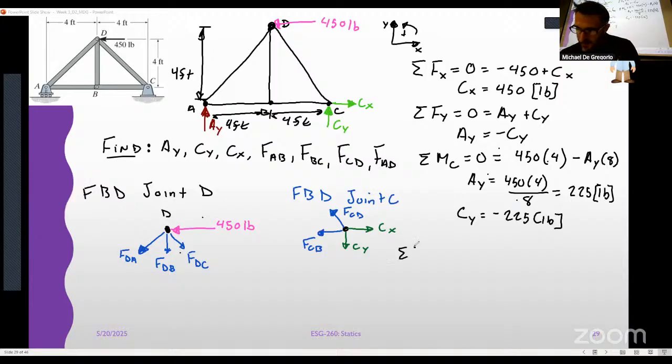So I've got two equations. Sum of the forces in the x equal to 0 is equal to CX minus FCB minus FCD cosine of 45 degrees, because you guys told me that this angle is 45 degrees. And I know that it's 45 degrees because of the geometry that was given.